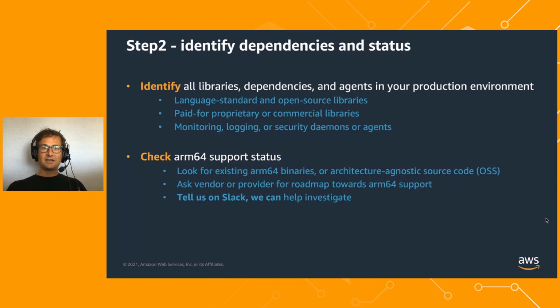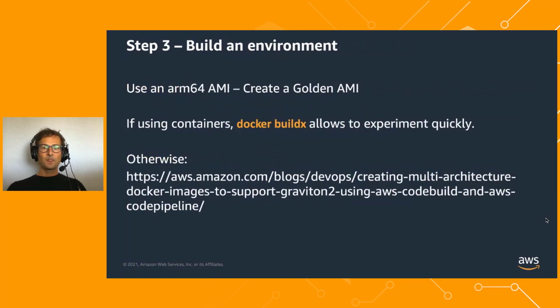We can help with that. We have a team that is helping the open source projects and the software vendors to get their applications ported to Graviton. So just let us know and we'll do our best to help you.